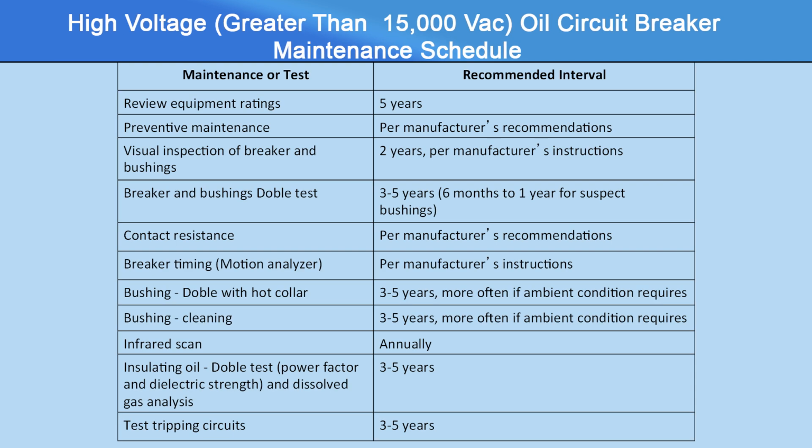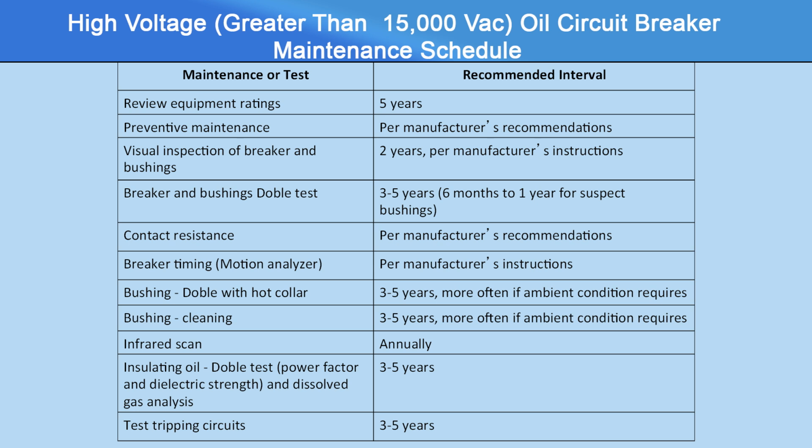Now let us discuss the high voltage, that is greater than 15,000 volt AC, oil circuit breaker maintenance schedule. Next is the preventive maintenance, which is performed as per the manufacturer's recommendations. Next is visual inspection of breaker and bushings, performed every 2 years as per manufacturer's instructions.